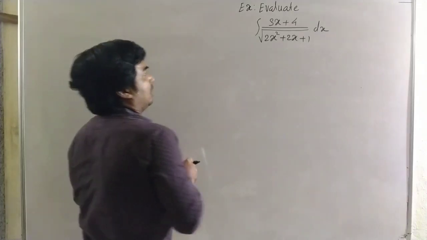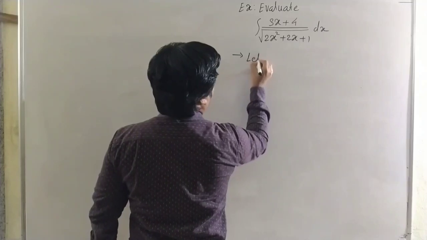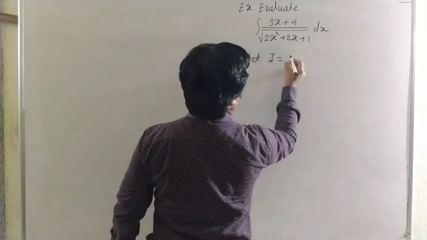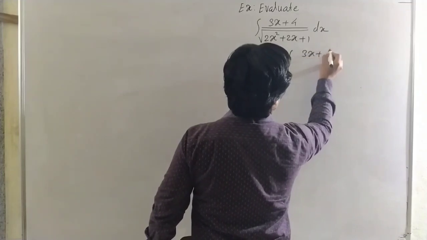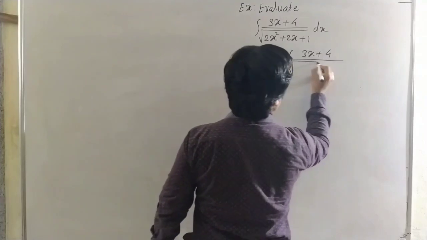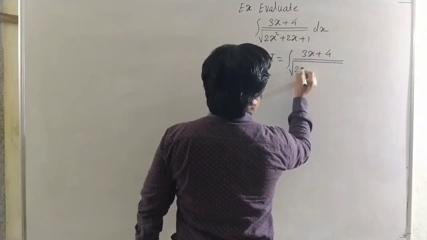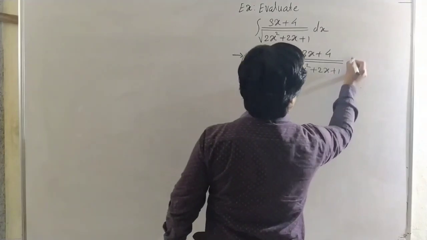Now let the integral be equal to the integral of 3x plus 4 upon under root of 2x square plus 2x plus 1, dx.